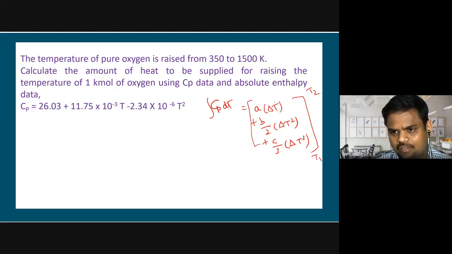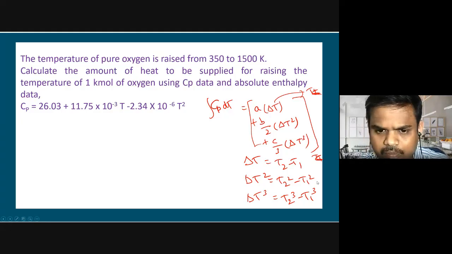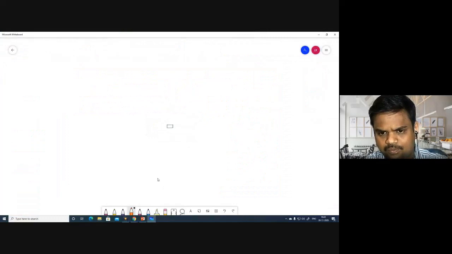If you substitute the values of T1 and T2, delta T is T2 minus T1, delta T square is T2 square minus T1 square, and delta T cube is T2 cube minus T1 cube. So in this fashion, we can solve the problem. Okay, we'll proceed to solve this problem.